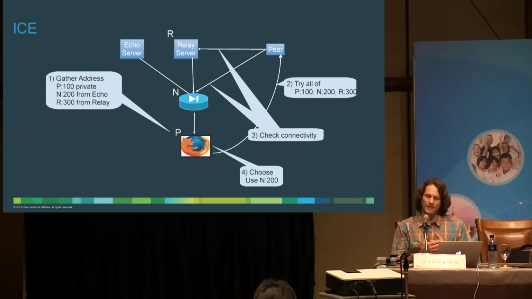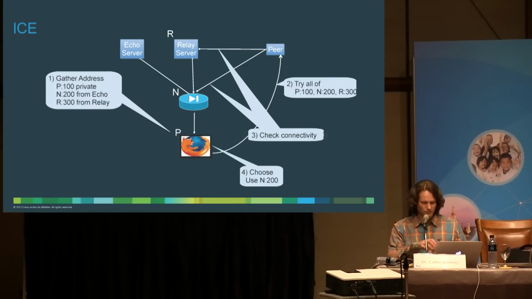Now, there's probably 5 to 10% of the time, depending on how you do it, where the two NATs can't talk directly to each other, even if you know their public addresses, because of the way the NATs were constructed, and they don't really follow the IETF suggestions around NATs. So for those types of environments, you need some type of relay server where you can send the traffic up to a relay server, and then it'll send it on to the other side. And TURN is the protocol that's used for these relay servers, so that's a third type of address.